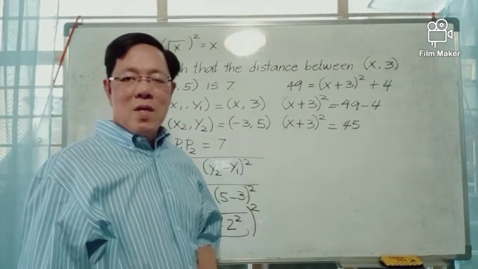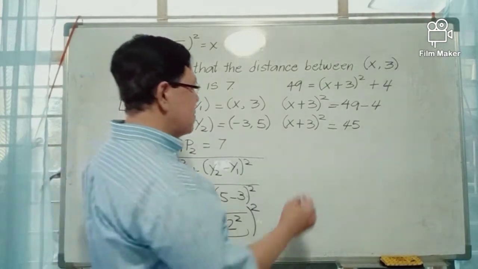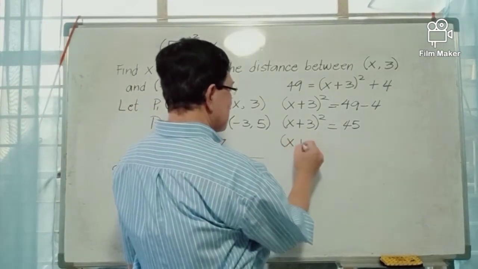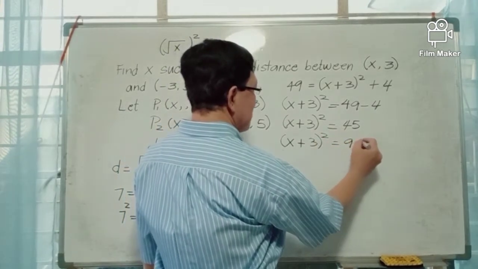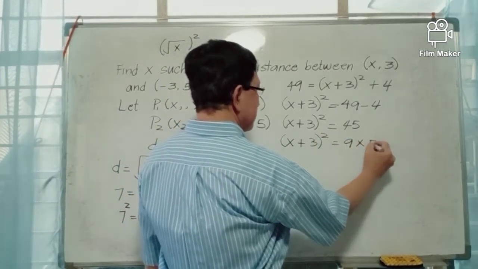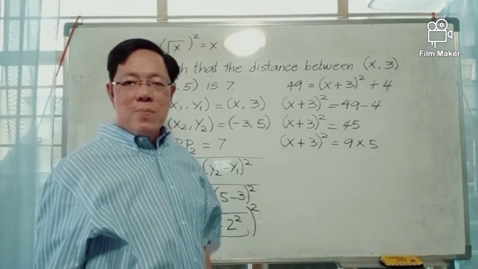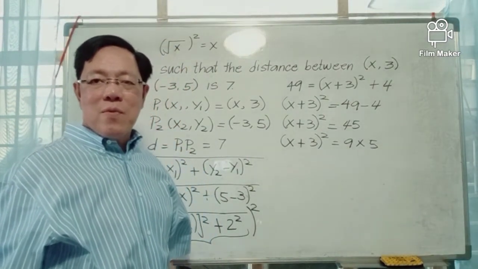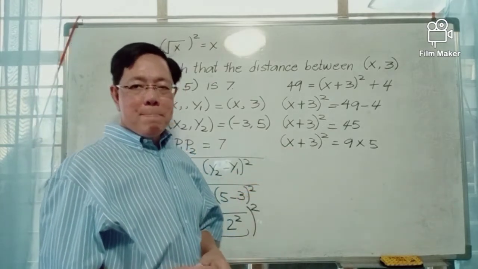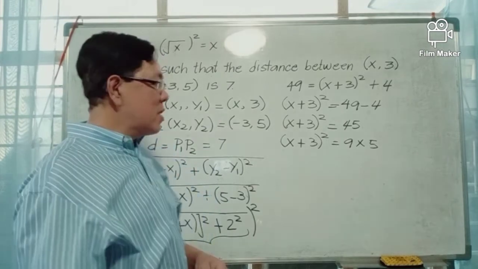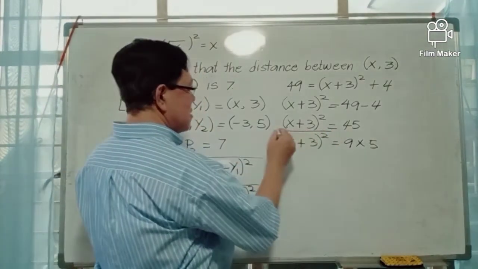Now 45 is equal to 9 multiplied by 5. x plus 3 squared equals 9 multiplied by 5. Now we want to remove the exponent of x plus 3 because we are solving for x, and x is inside the quantity. So we remove the exponent by extracting the root of both sides.